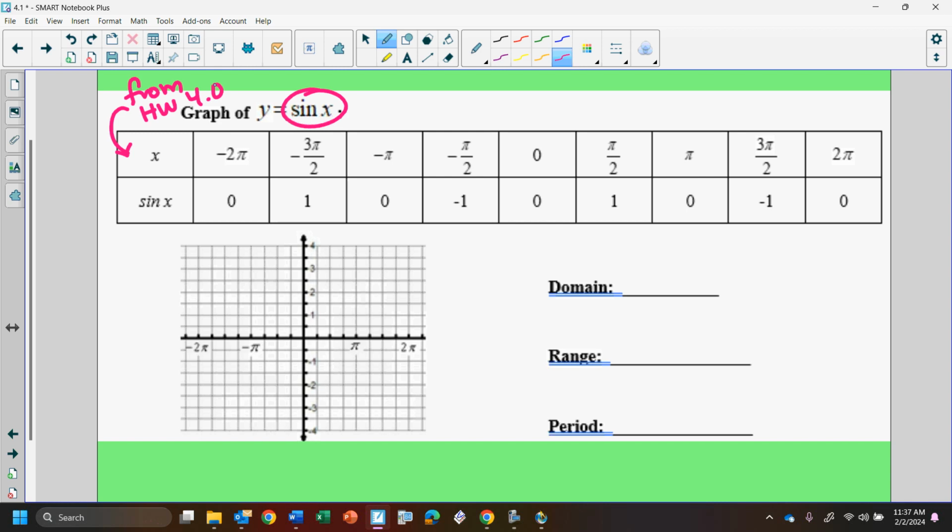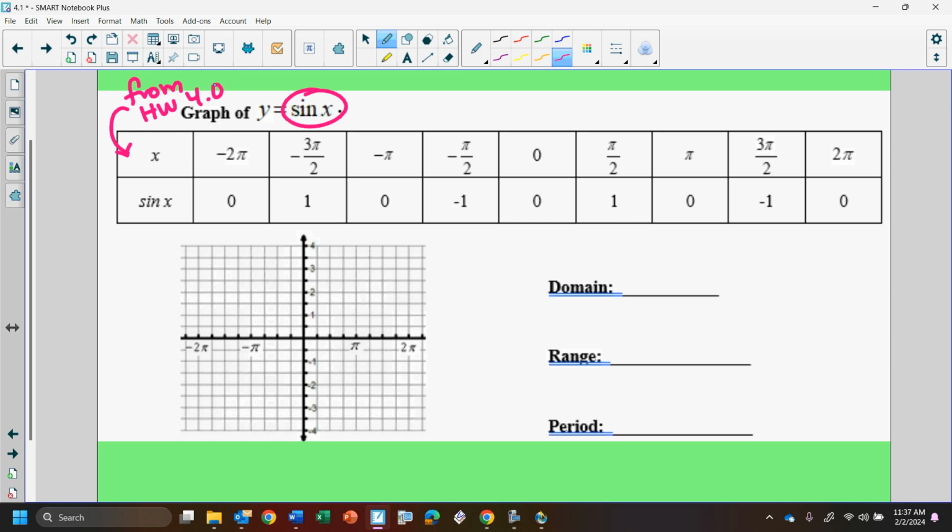If we know where this comes from, we're going to take this table and put it on an x and y axis, okay? This is related to our unit circle, but this graph is no longer the unit circle. What I'm doing on this graph is taking the angles and making them the x values, the x-axis, okay?